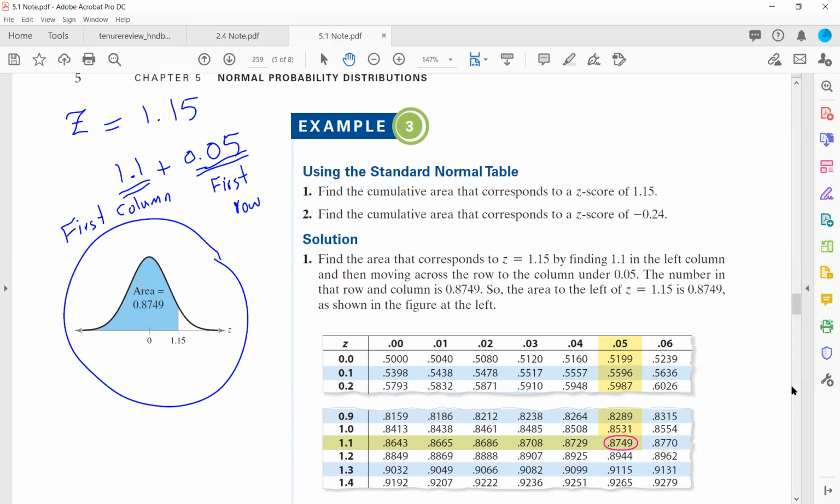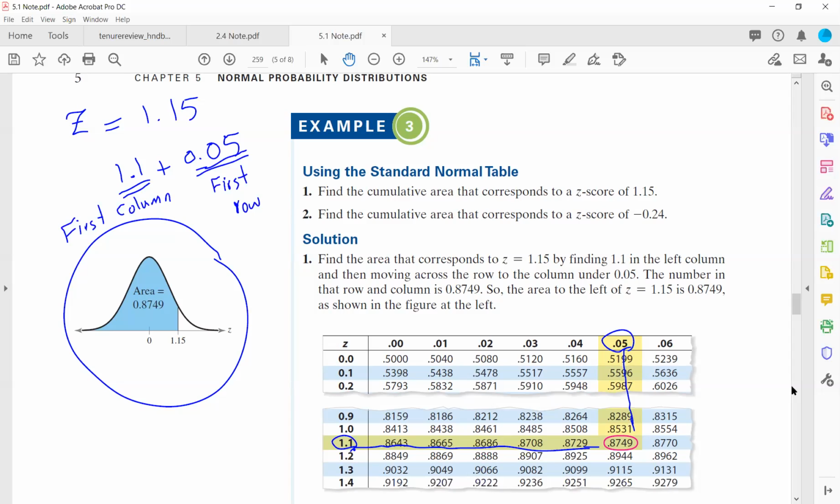So this is your z table. 1.1 on the first column, 0.05 on the first row. The intersection between these two is the cumulative area, which is almost 87% on the left-hand side.